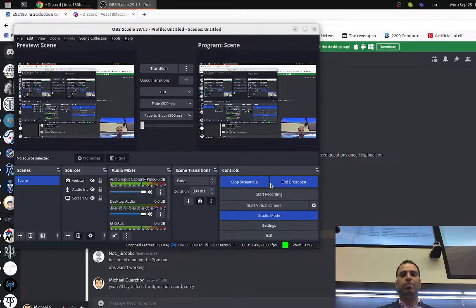So 12 mod 3 is 0. Right? Because if you divide 12 by 3, you get 4. The remainder is 0. That's because 12 is divisible by 3. So on the other hand, you do 12 divided by, let's say, 5.